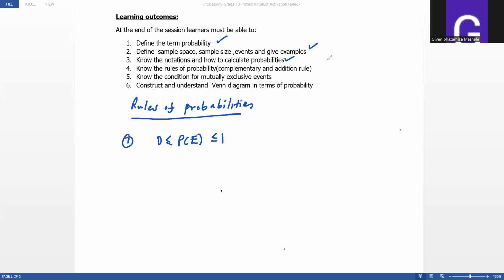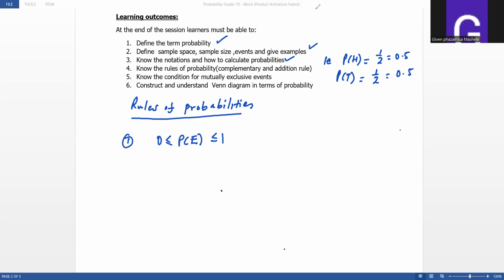For example, the probability of a coin to land on heads is 1 out of 2, which is 0.5. And the probability of a tail is also 1 out of 2. You see that the numbers range between 0 and 1. So you cannot have any probability bigger than 1 or less than 0.